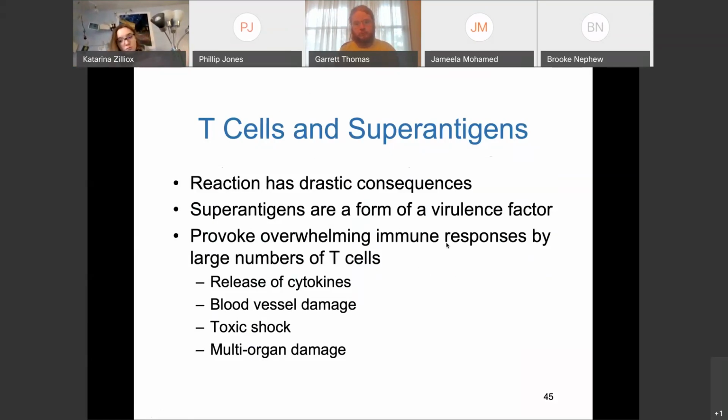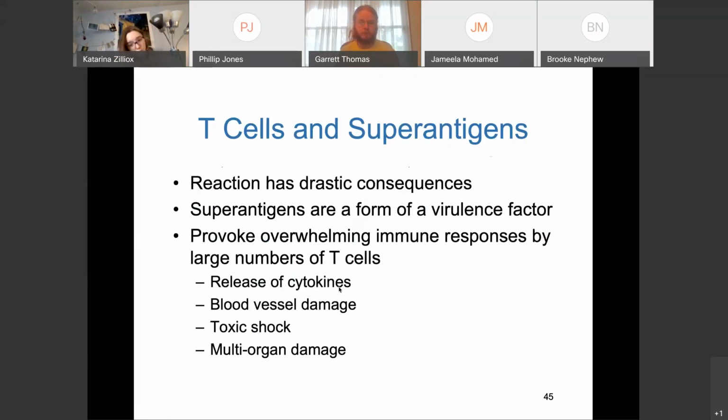An overwhelming immune response by a large number of T cells releases cytokines. Remember, I said cytokines are chemicals. These cytokines bring all kinds of cells to the area, and then the T cells just start attacking every cell in the area. It's going to recruit all these white blood cells, all these helper T cells to come to the area, and it attacks like a machine gun, just kills everything in its sight.